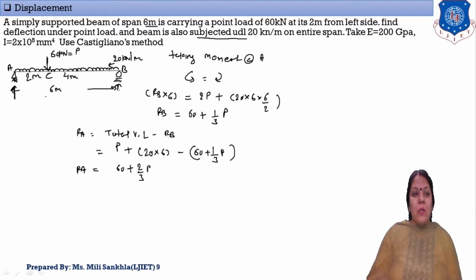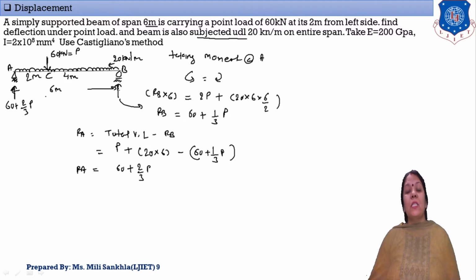This is our first support reaction RA, 60 plus 2/3 of P, and this is our second reaction RB, 60 plus 1/3 of P.